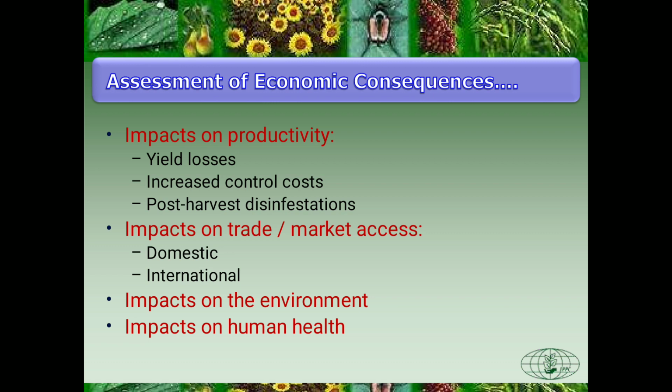We assess how much control cost is required. Then after harvest, what disinfesting agent is used, and what cost is required for that disinfestation. Then, is there an effect on domestic and international market or trade, on the environment and on human health? So we collect information and consider all points of view in PRA.